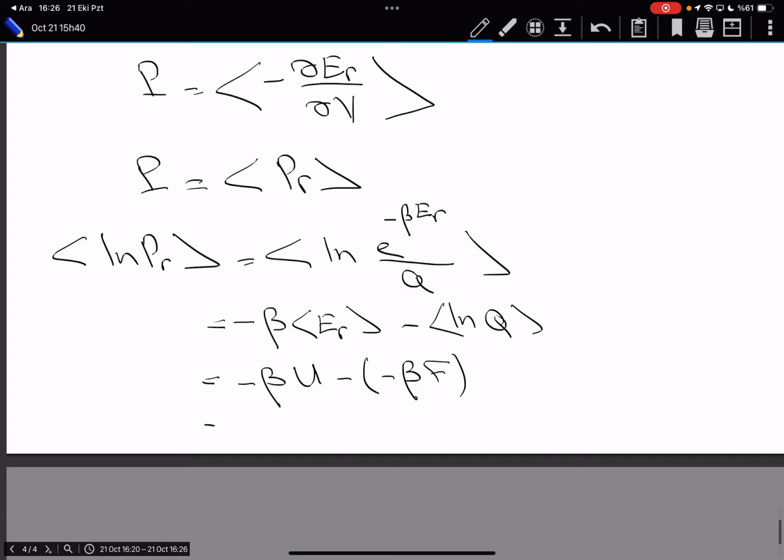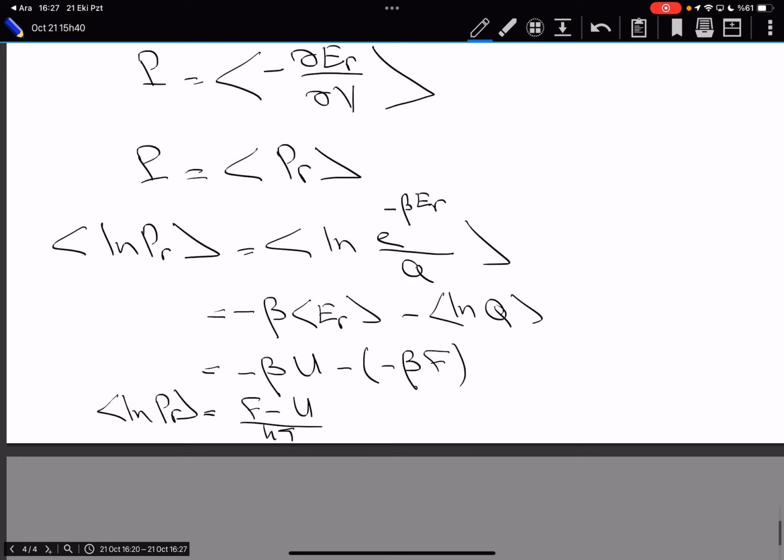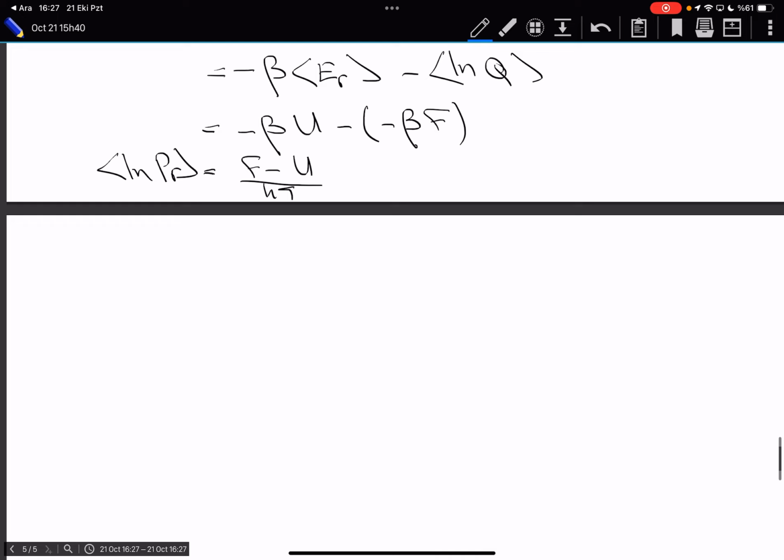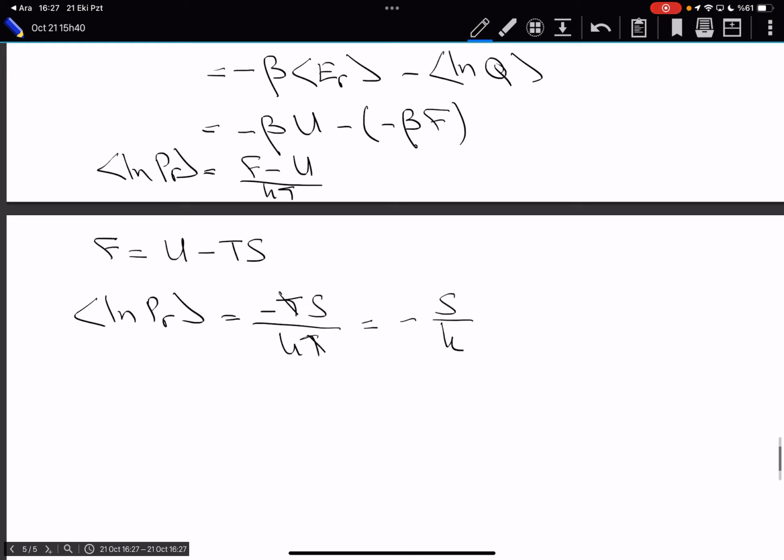So this is equal to free energy minus U divided by kT. But remember, free energy was U minus TS. So the average of the logarithm of the probabilities is minus TS divided by kT. It's just minus S over k. So the entropy is nothing but minus the Boltzmann constant times the average of the logarithm of P of R.